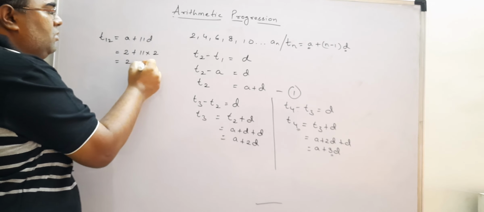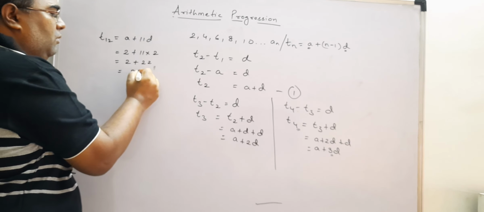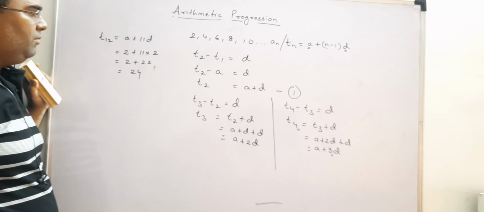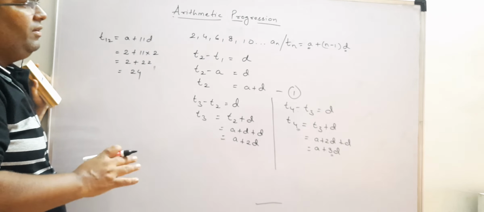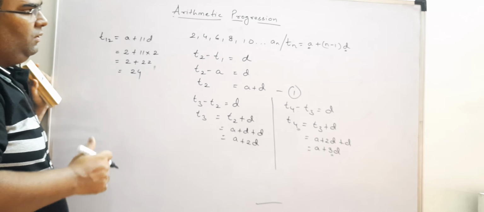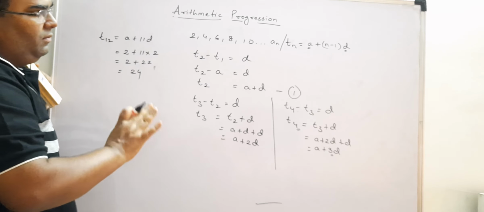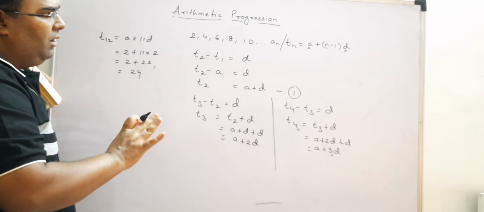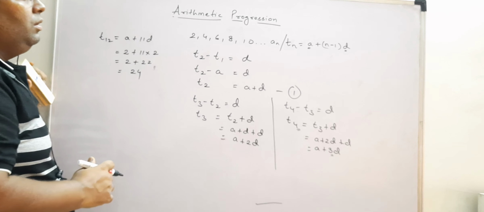So 2 plus 22, this is my 12th term. Got it? In this way we can find out Tn, A, N, D. 4 things we have already completed. Got it? Now we will do some problems.